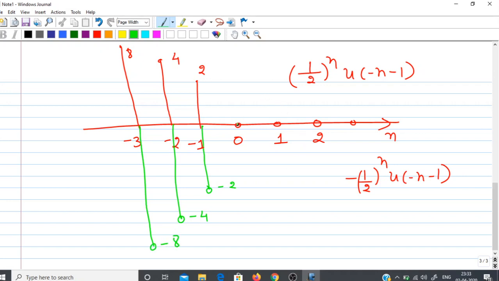There won't be any change on the positive side or 0 onward side, where samples are 0. So this is the sequence given, and we have to obtain the Z transform of this sequence. So what would be the Z transform of this sequence?